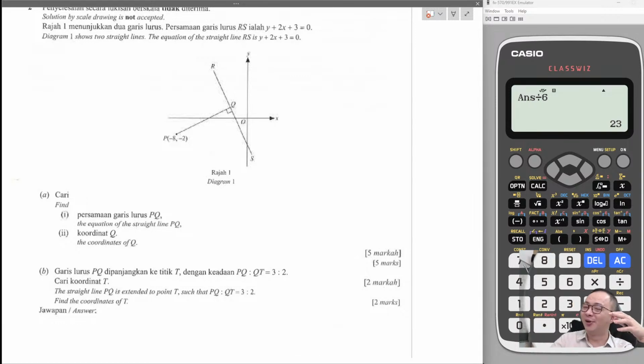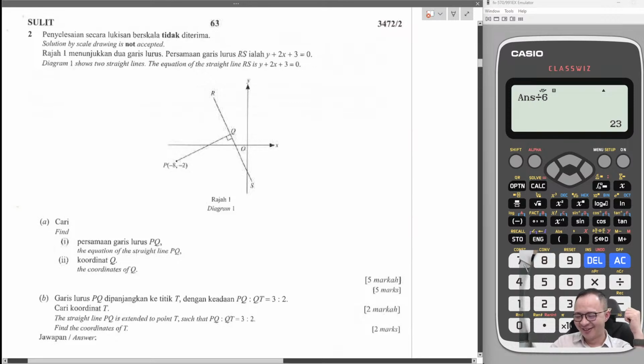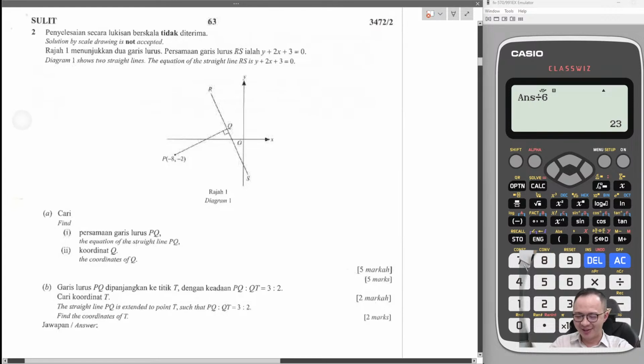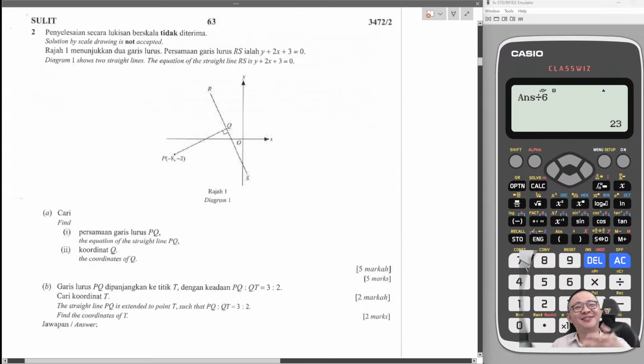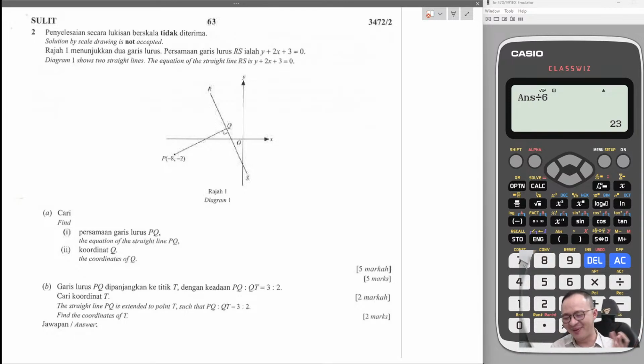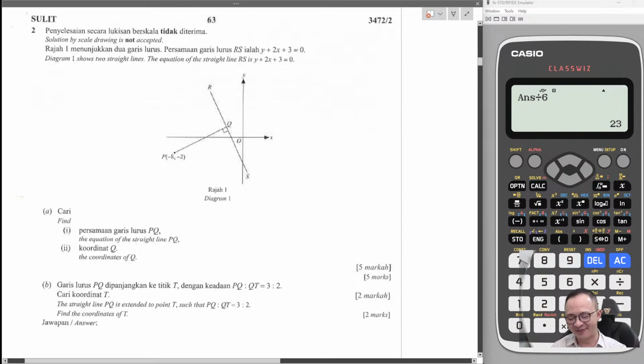I did like 2 or 3 questions, then I was trying to fall asleep already. Then I still needed to drive back to do this live stream. That is the reason why I haven't gone through this paper yet, so I might make mistakes. If anyone of you spots my mistake, do let me know. I hope I don't get stuck in any of these questions because I haven't tried most of them.